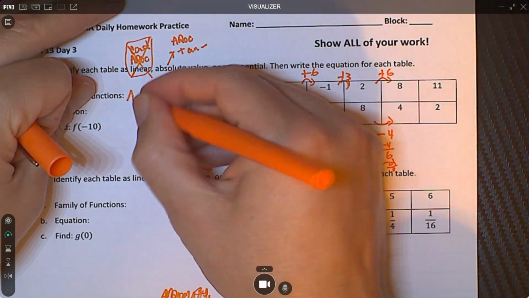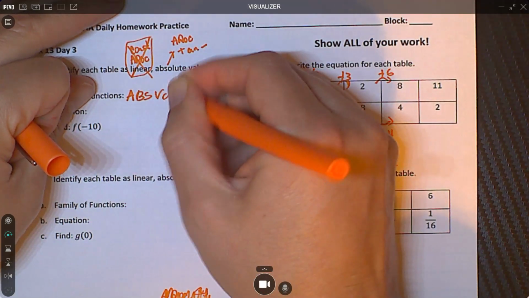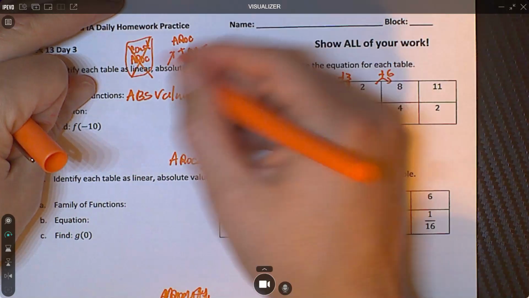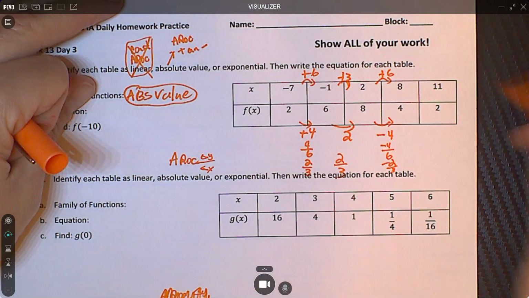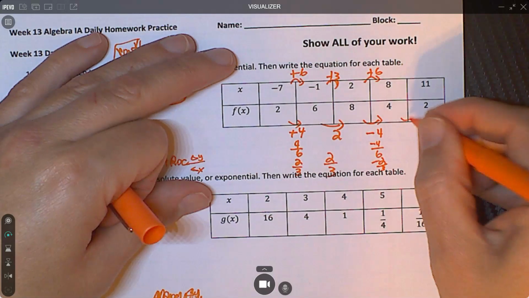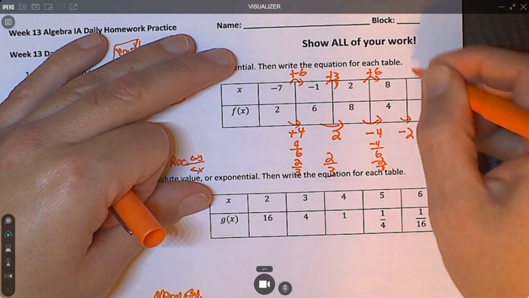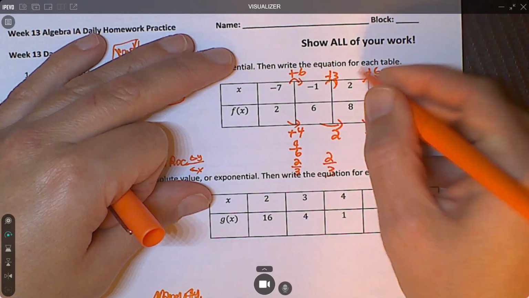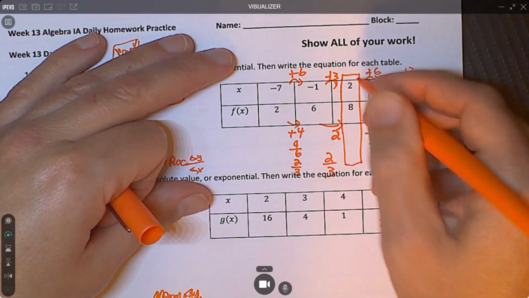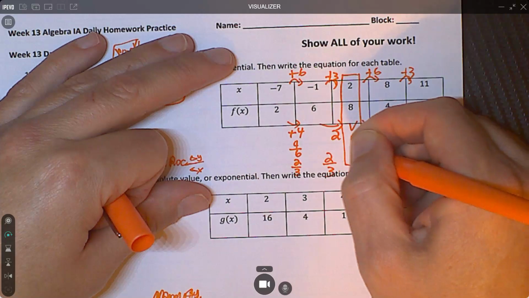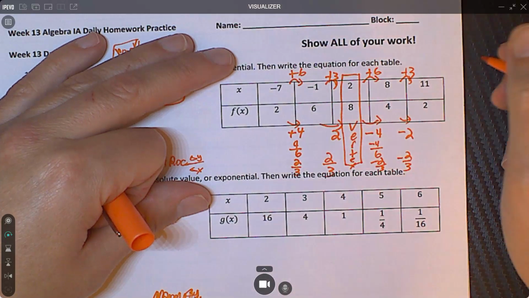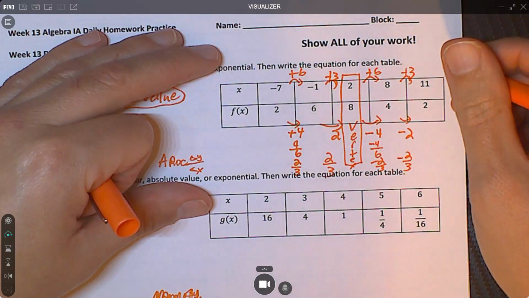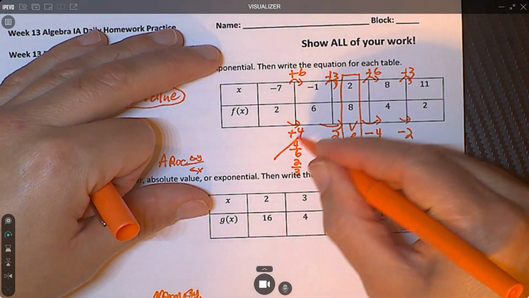So this is absolute value. So that right there is the vertex. Let's see. It's rising up this way.